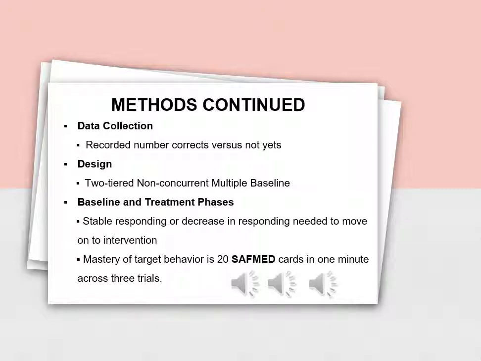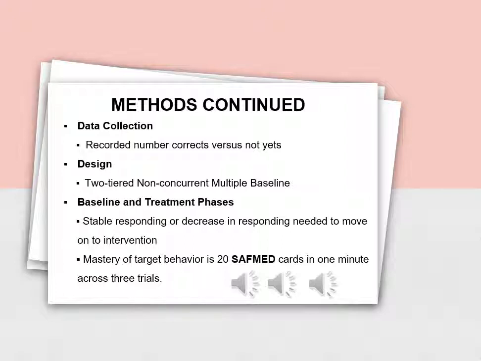On the other hand, if the participant admitted an incorrect response or skipped the term, then the card was placed into the not yet pile. After the 1 minute trial, participants counted the number of correct and not correct SAFMEDs and recorded it on the data sheet, alongside all other applicable information for the session.